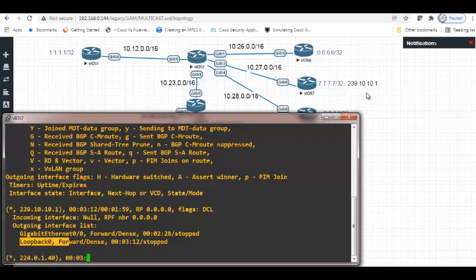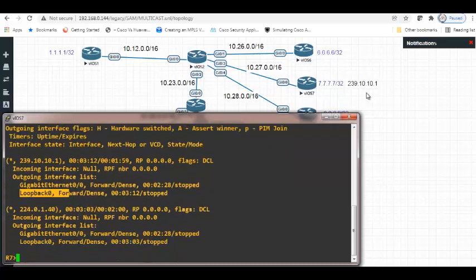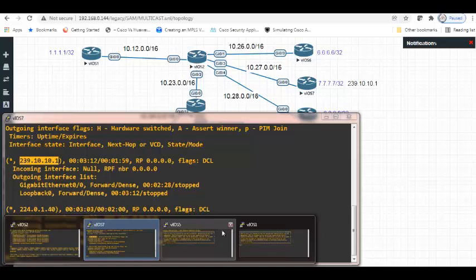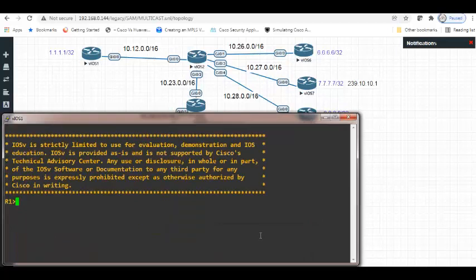Now other than router 7 and router 5, no other router knows about this group called 239.10.10.1. I just showed you on router 2. I'll show you even on router 1. Even router 1 doesn't know that there is a group called 239.10.10.1. But router 1 is going to be the source for it shortly.